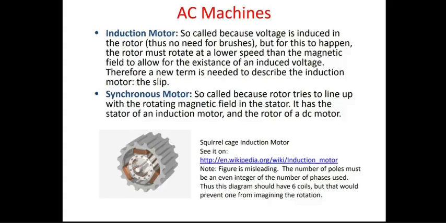The other thing which I was trying to point out last time is that the DC generator essentially is an AC generator plus commutator. So in a DC generator, if you remove the commutator, you get an AC generator, a single phase AC generator for sure.